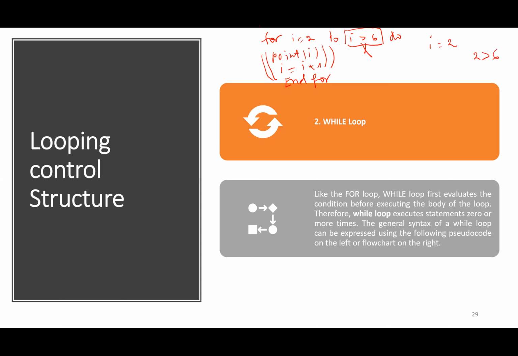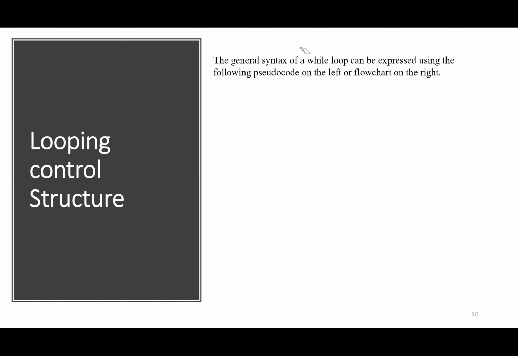None. Okay, great. So now, as you can see, this is why we say the while loop executes the body of the loop 0 times or multiple times. The general syntax of the while loop can be expressed using the flowchart and the pseudocode as follows.